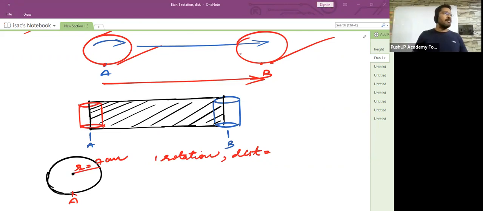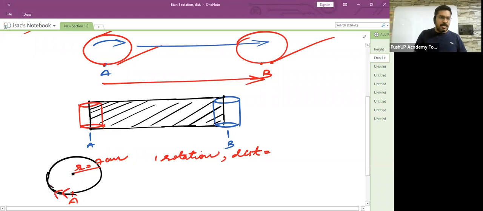All right. Now, children, I asked you how much would be the distance covered by this wheel in one rotation. So when I use the word one rotation, children, don't you feel this is the distance which you have to find? You listen to me. Don't interrupt in between.